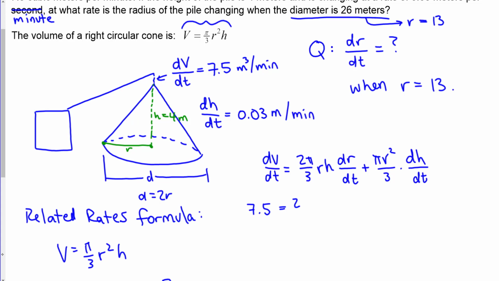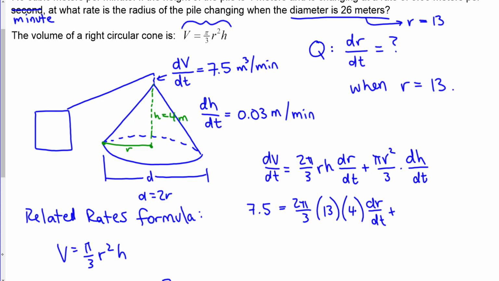Then I have 2 pi over 3 times the radius, and we want to know how the radius is changing when the radius is 13. So 13 meters, I assume. We'll put in 13 there. The height of the pile is 4 meters currently, so I'll put in a 4 right there. And dr dt we will wait on because that is right now unknown. That's what we want to solve for.